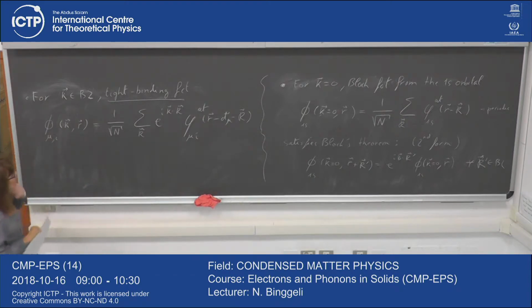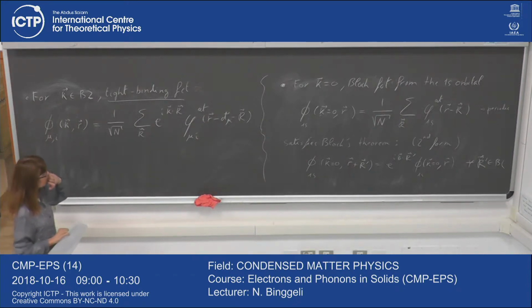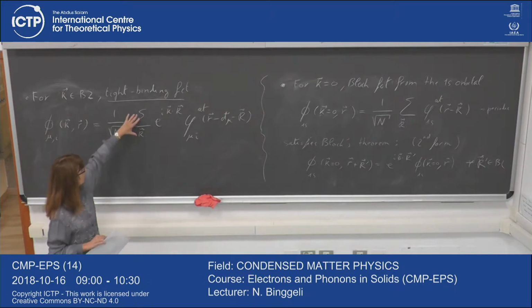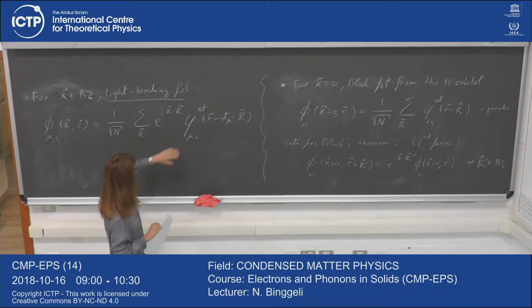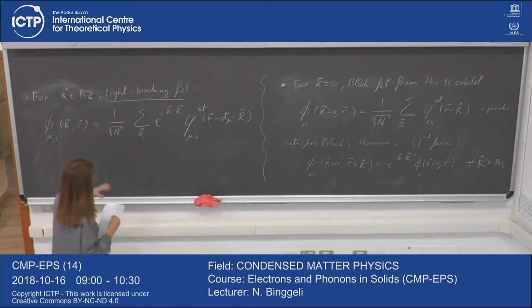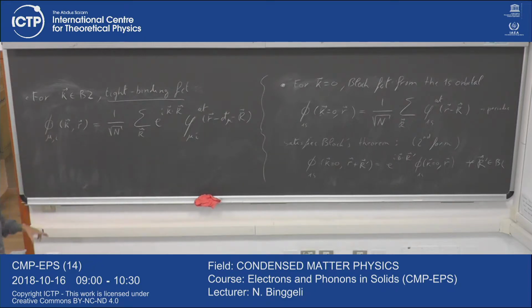So I'm summing over all the unit cells in my Bravais lattice, and I'm starting for a specific atom.